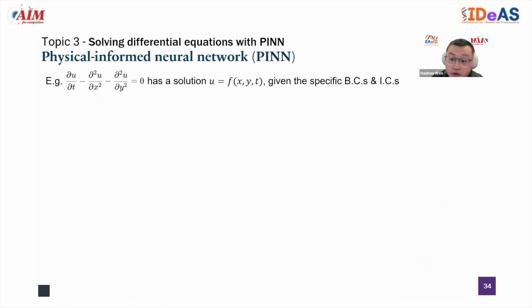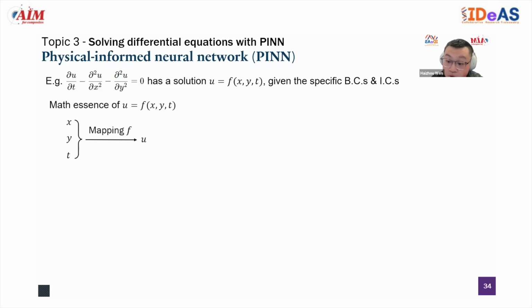So just like I mentioned, the essence of a governing equation or PDE-based simulation is to solve the PDE by numerical means. If we assume there's a PDE in a simple form, our mission is to find the solution in the form of f of x, y, t.